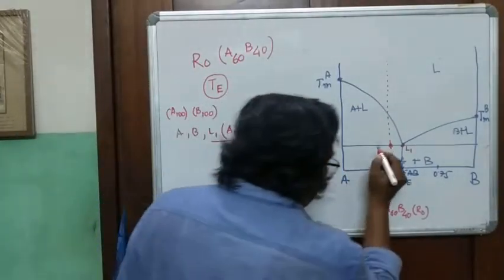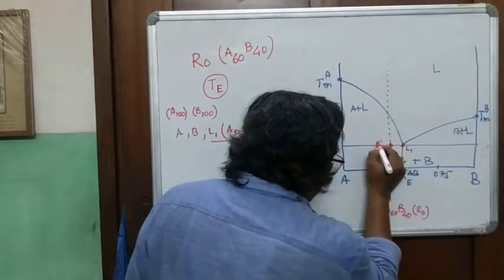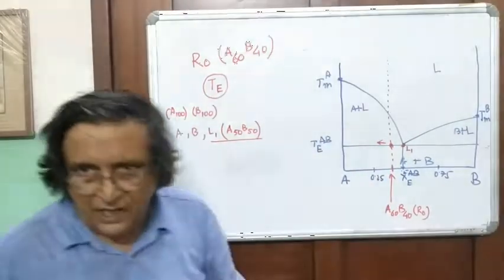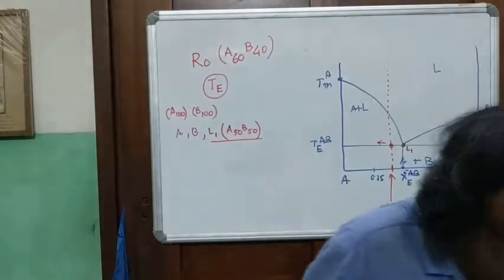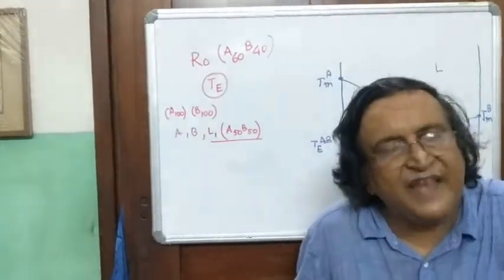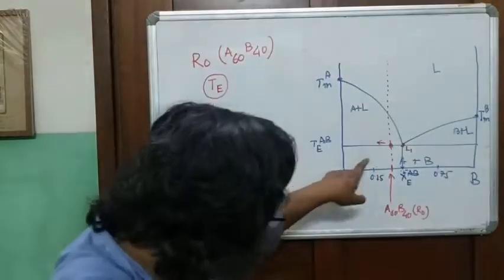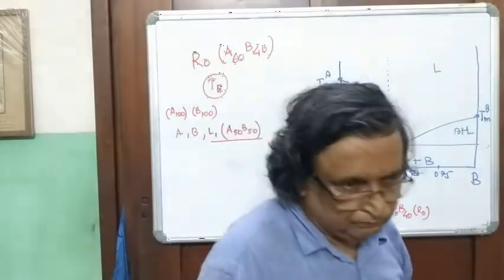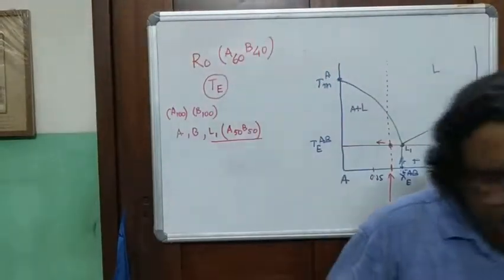We also know the solid will move in this direction. But what will be the composition? What will be the proportion of A and B that will define the solid S1 in equilibrium with L1? Have you understood?